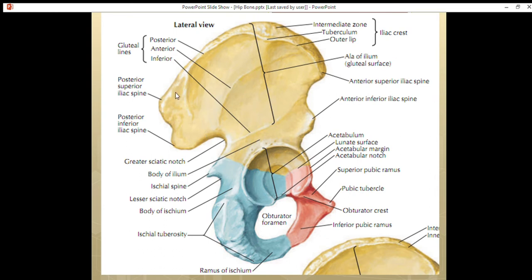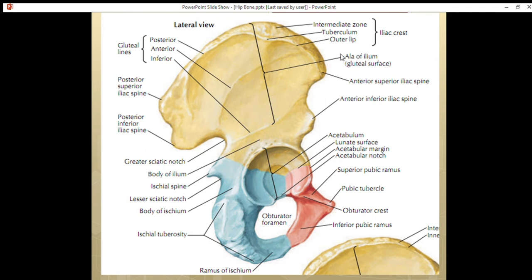Posterior superior iliac spine, if traced downward, we see the posterior inferior iliac spine, which is another elevation, not very prominent. And then below that the posterior border of ilium is going to form a notch-like structure called greater sciatic notch.